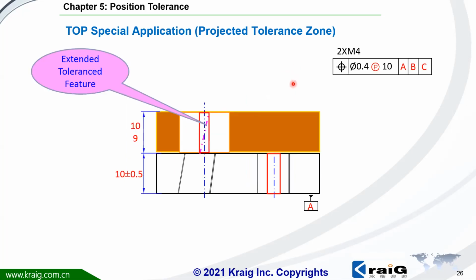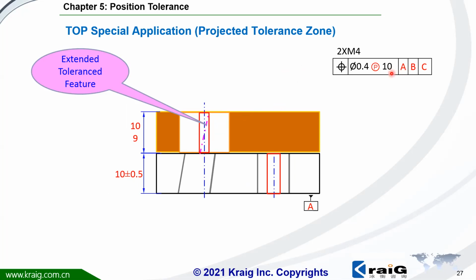Let's have a look here. This is the projected portion, and here is the threaded hole. The projected portion of this thread, or this bolt, should be within the tolerance zone 0.4. You see here? It's within the tolerance zone. So we could control that there's no more interference between the bolt and the hole.